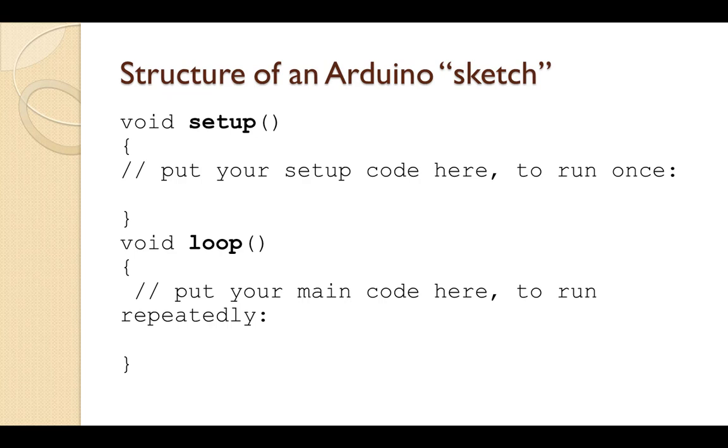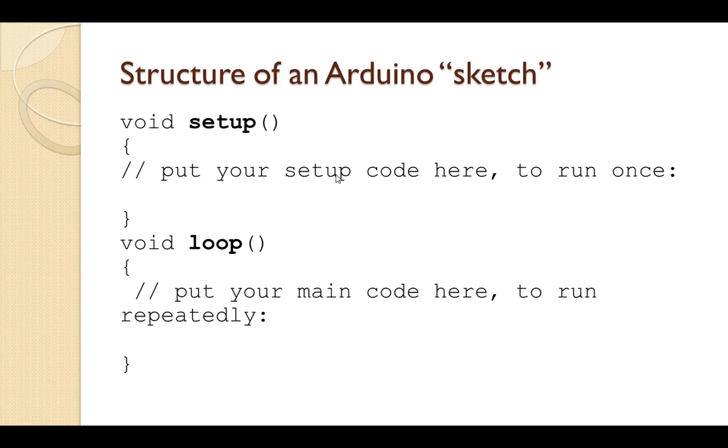As we saw in our IDE, there is something called void setup and void loop. What does void setup contain? This bit of code contains how exactly you are configuring your pins. As we saw, there are 14 digital IO pins and 6 analog pins.